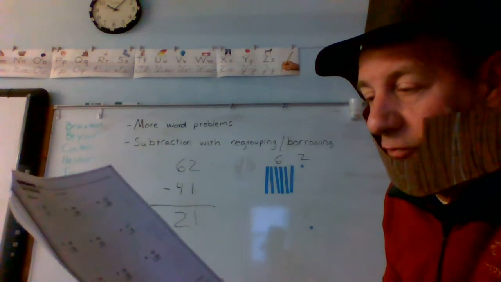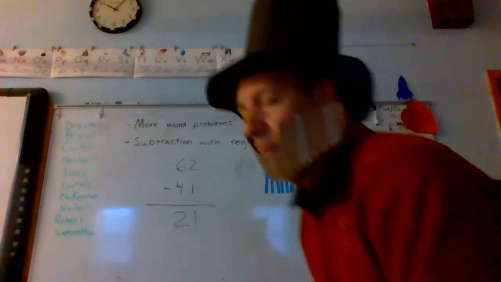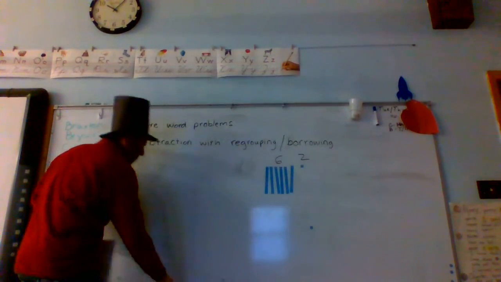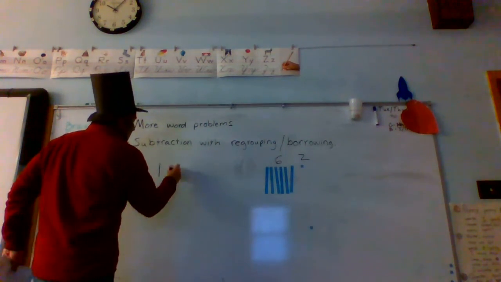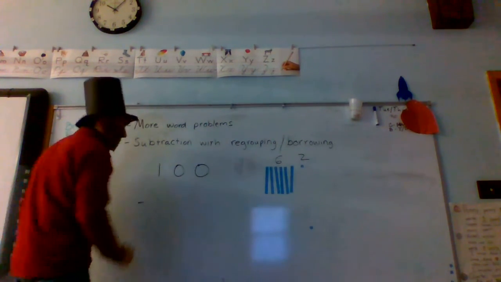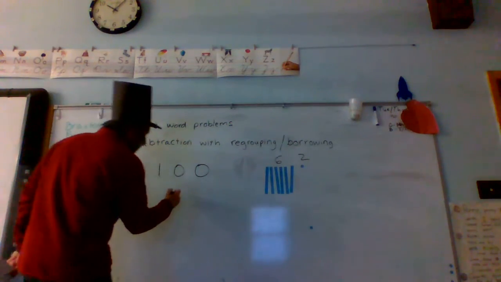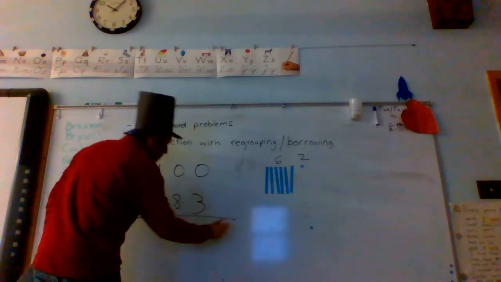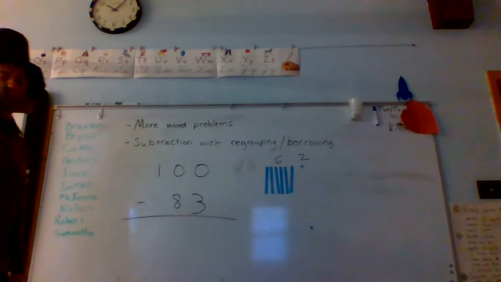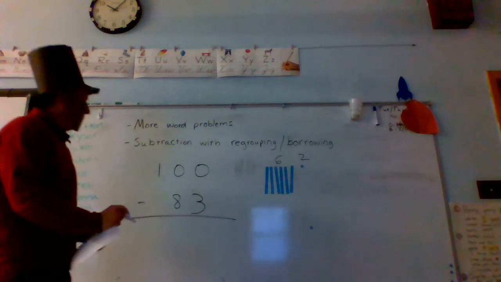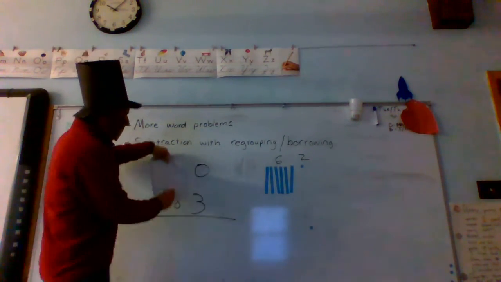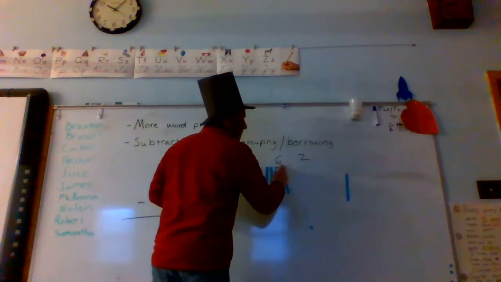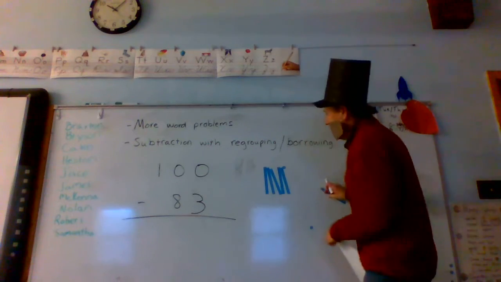The 100 minus 42. I better help you with this one. I'm not going to do this one specifically, but if I have 100 minus, let's say I have 100 minus 83. Do you guys remember how to do this? Okay, we have 0, right? So we're going to borrow a 10 stick. If I have 0, I'm going to borrow a 10 stick.